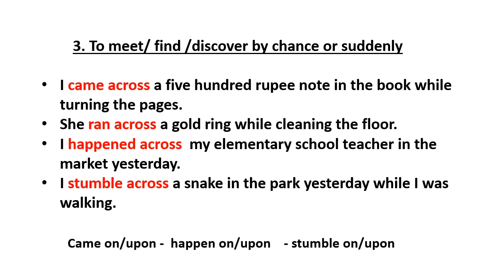In the same way, for the same meaning, we may also use the phrasal verbs came on, came upon, or happen on, happen upon, or stumble on, stumble upon. These give the meaning to meet by chance or suddenly, or to find by chance or suddenly, or to discover by chance or suddenly.